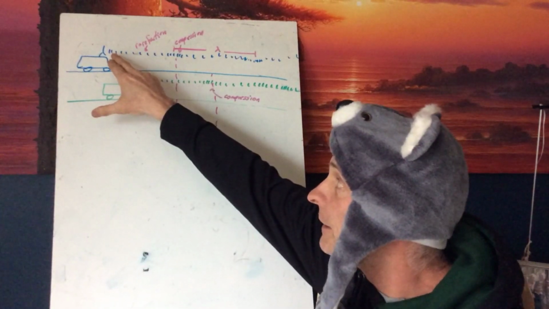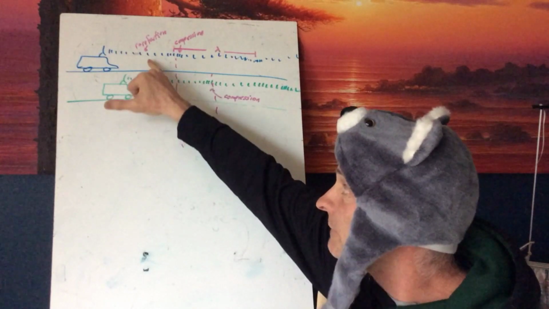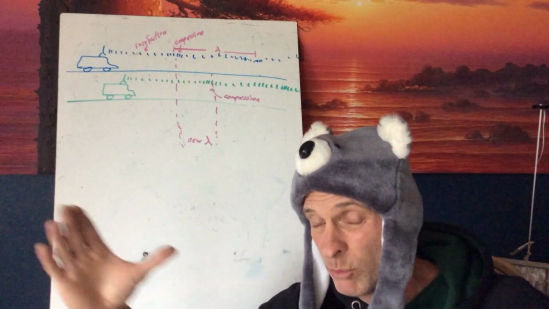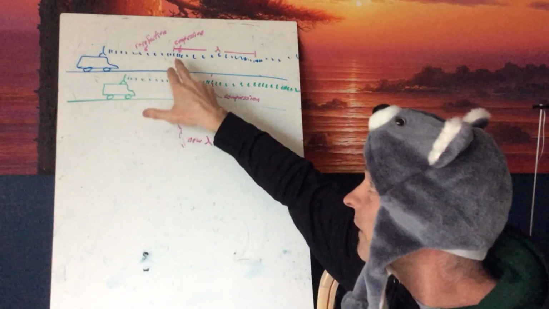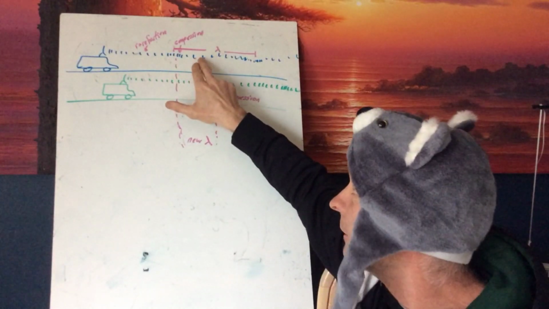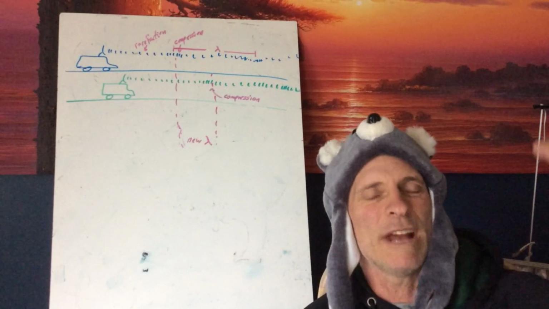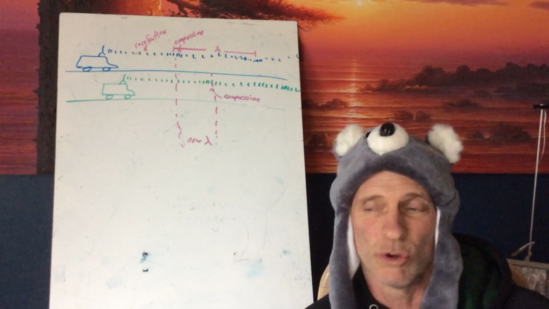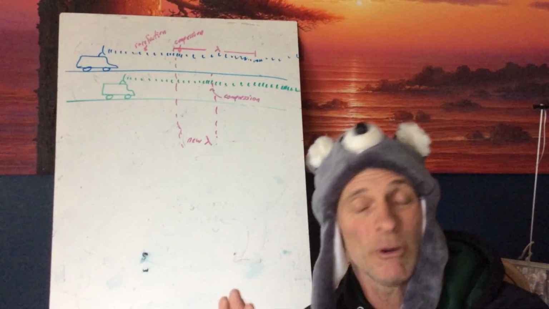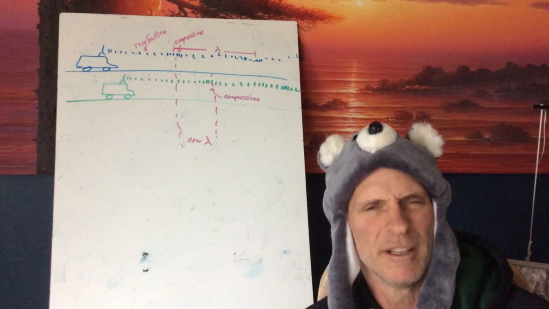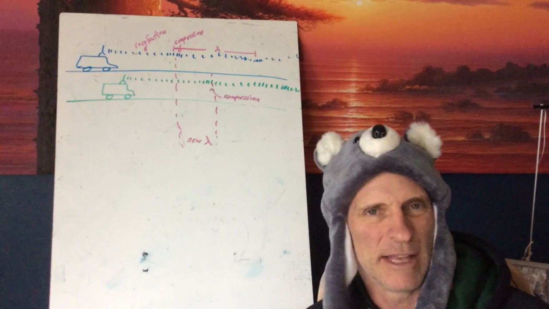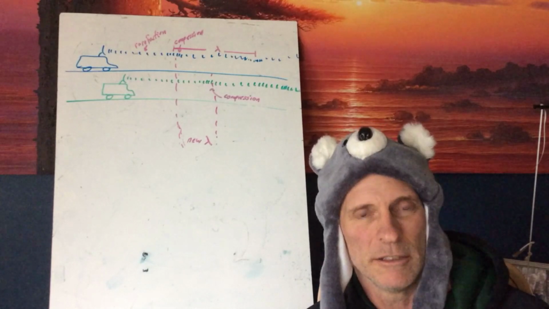So up here I've got a little compression right out of the gate, followed by a rarefaction where the sound waves are further apart, followed by a compression, followed by a rarefaction, followed by a compression. Instead of crests and troughs, longitudinal waves have compressions and rarefactions, kind of like the slinky that you guys saw, or the spring you guys saw in your lab.